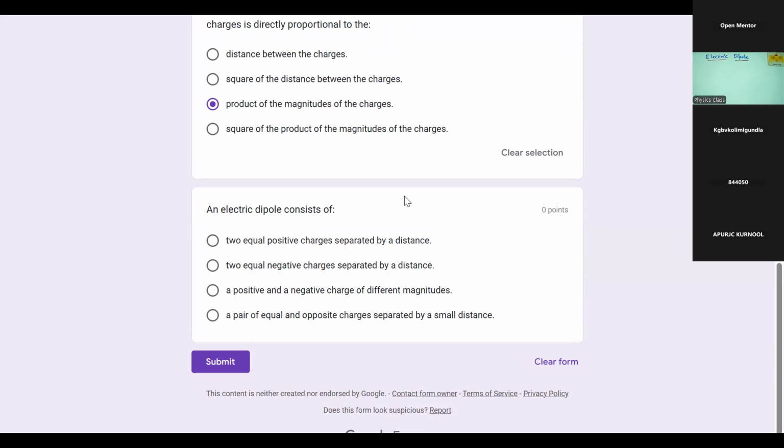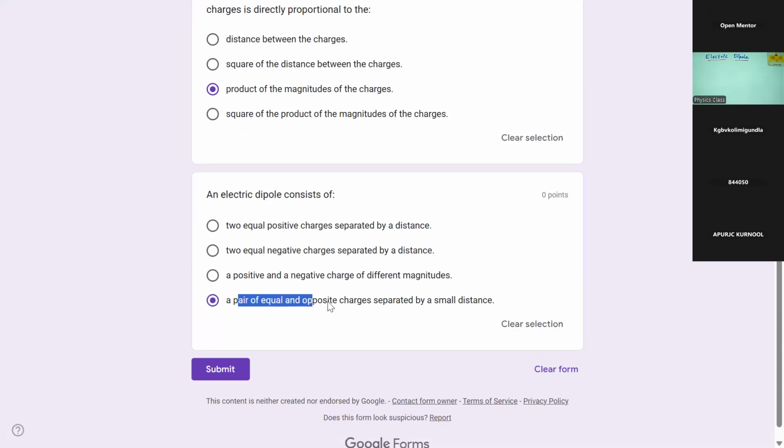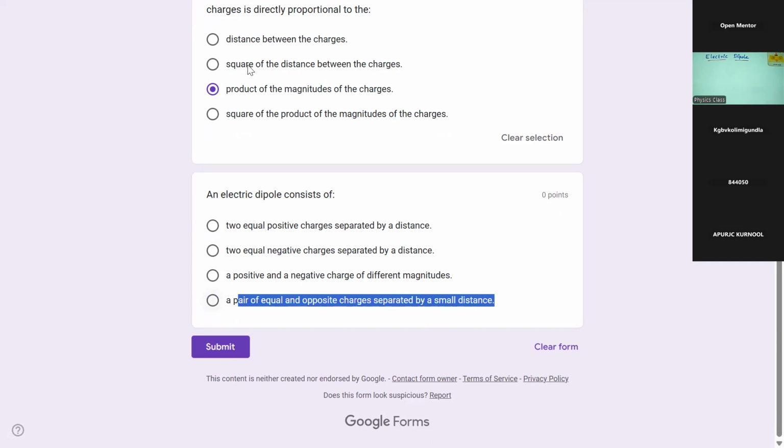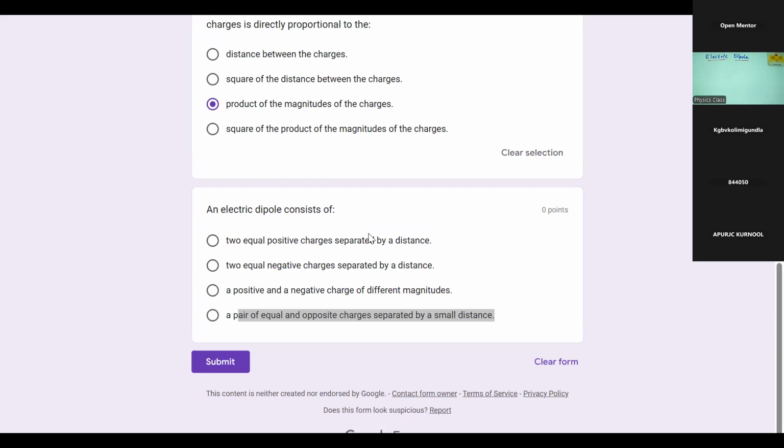So an electric dipole consists of a pair of equal and opposite charges separated by a small distance. Yes, correct. Option 4.